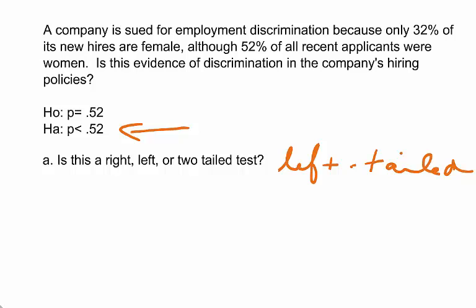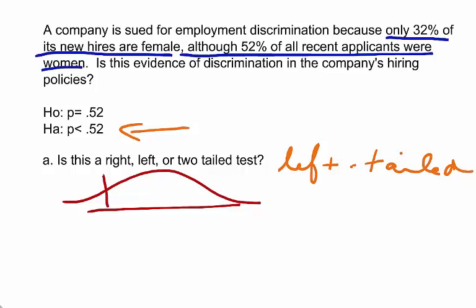A company is sued for employment discrimination because only 32% of its new hires are female, although 52% of all recent applicants were women. This statement indicates to us that we're looking to see whether the percentage of women hired was significantly lower than the percentage who applied. So we are conducting a left-tailed test.